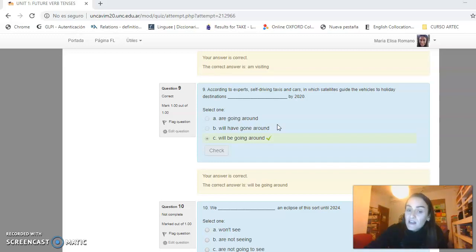But we know that this can't be will have gone around, and not the present continuous. So it has to be something that we are referring to an action in progress or something that is happening at a specific moment in the future. That is the main use of the future continuous, and that's why that is the correct answer.